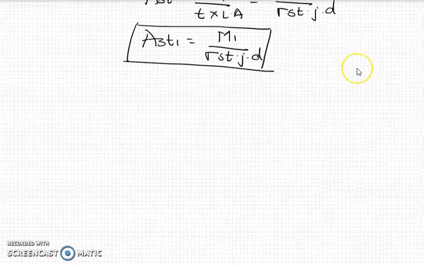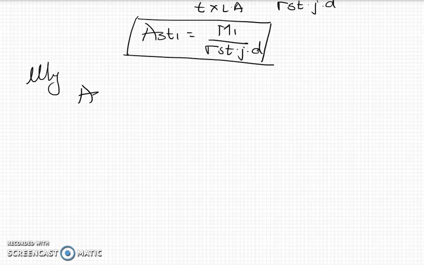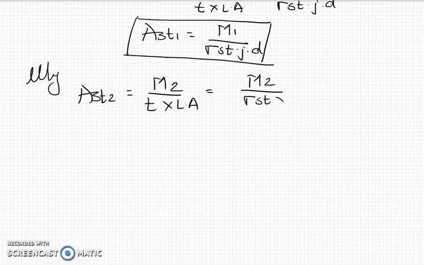Similarly, I can write the equation for AST2, which will be equal to M2 upon T into lever arm, where T will be sigma ST. Now the lever arm for this will be different. This will be D minus DC, because this lever arm is with respect to the force C2.